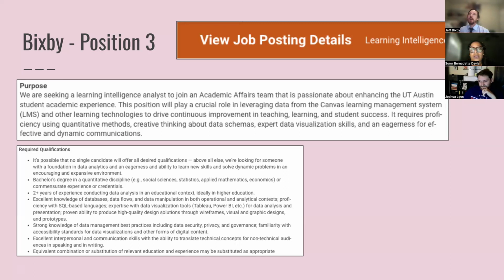Thankfully I'm comfortable enough with my position to be, I guess, picky, right? So I do want to stay with UT just because of the benefits that it provides and the flexibility it provides. I have a flex schedule where I'm at home a couple days a week and on site a couple days a week.